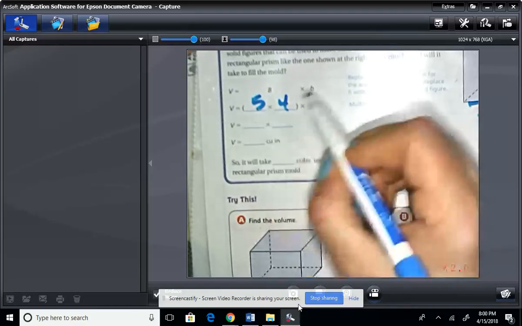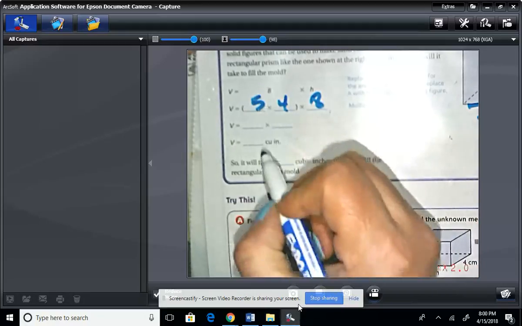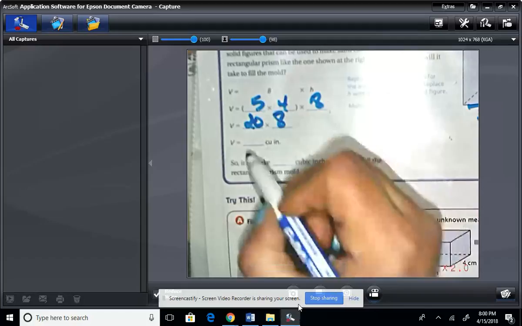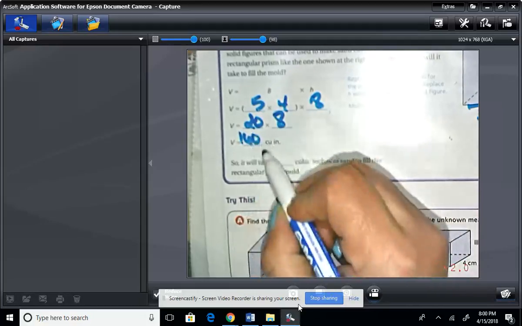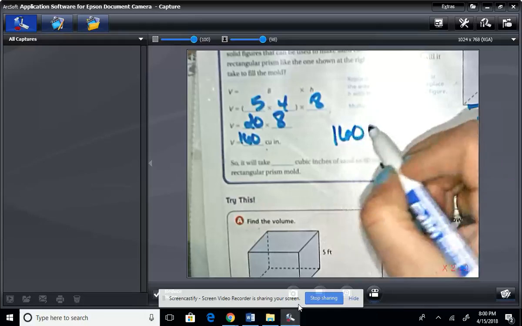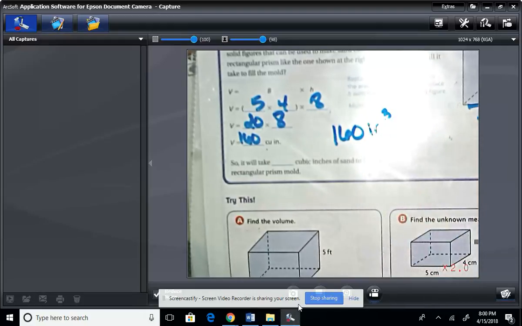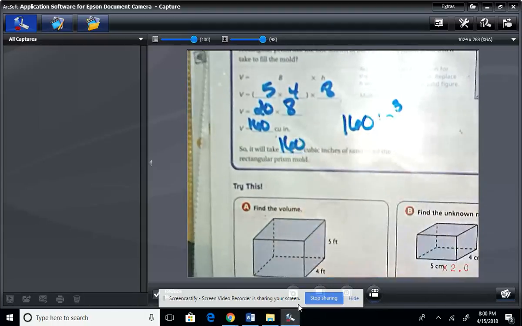So then we have 8 as our height. So we have 20 times 8, and that's 160 cubic inches, 160 inches cubed. All right, so it will hold 160 cubic inches of sand.